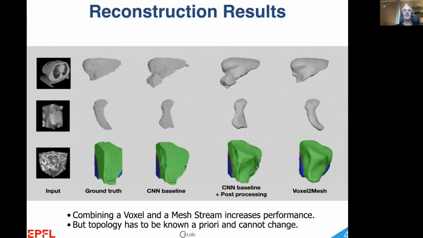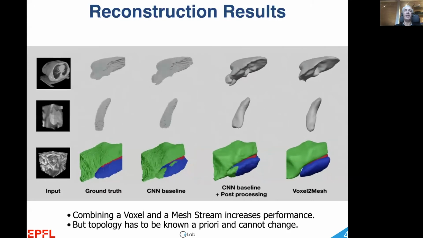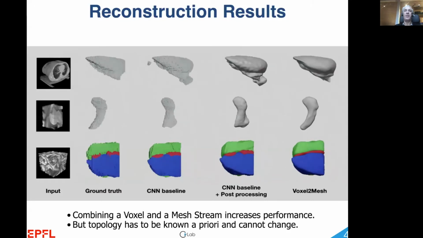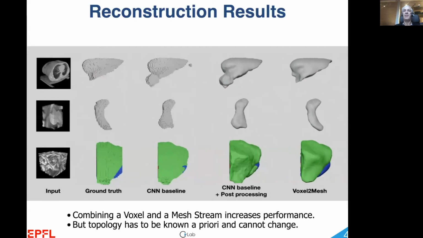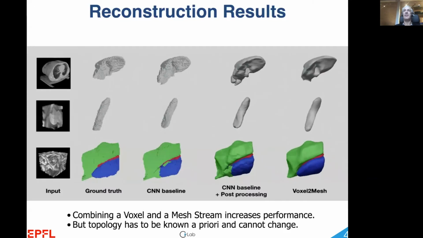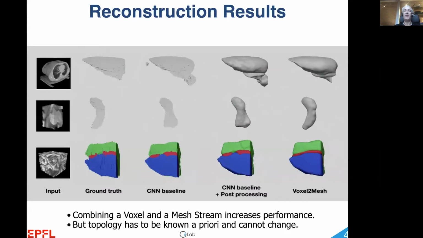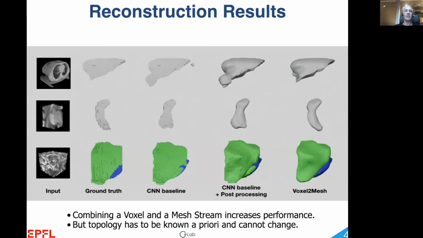In all three cases, our approach yields smooth surfaces with far fewer artifacts than UNet, with or without post-processing, which we use as a baseline. This is a step in the right direction, but this approach still relies on deforming an initially spherical shape and can therefore not handle topology changes.